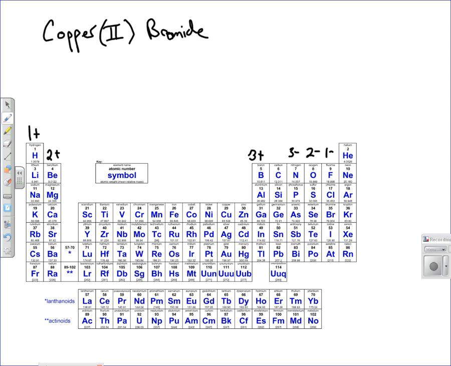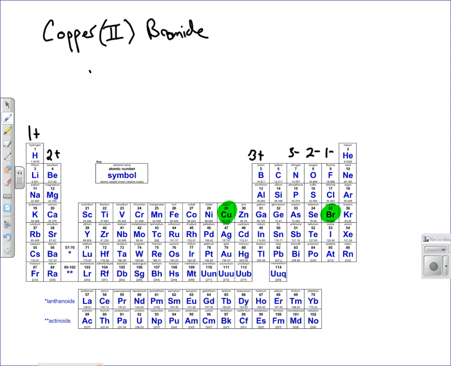The fact that there's a Roman numeral there is because copper is a transition element. When we find copper on here, I might as well highlight it again, copper is right there. However, bromine is here. Bromine has a predictable charge because it's in the -1 column. Copper has a Roman numeral because it doesn't fall in one of our predictable columns, but the Roman numeral indicates its charge.